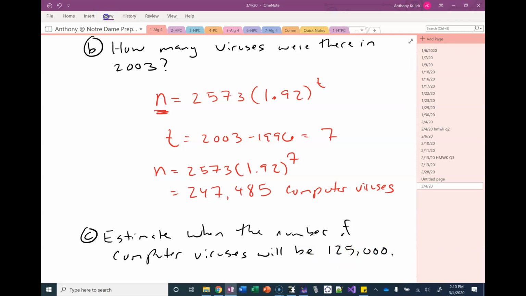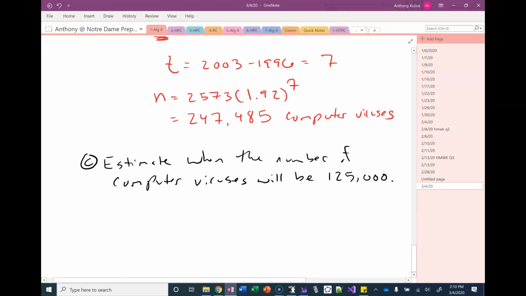The next part, I'm going to ask to estimate when the number of computer viruses will be 125,000. So again, we'll be using our exponential model that we just created.